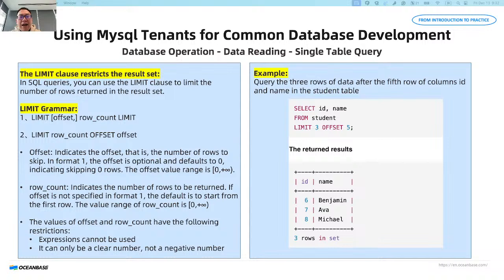Next, let's look at an example of adding the limit clause to a query statement. In SQL queries, you can use the limit clause to limit the number of rows returned in the result set.